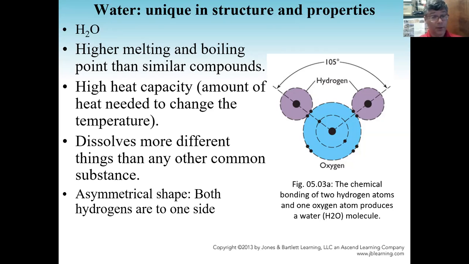Water is liquid at room temperature. Why the difference? Again, it relates to its structure. Melting point and boiling point are quite high compared to most similar compounds. Water also has very high heat capacity.